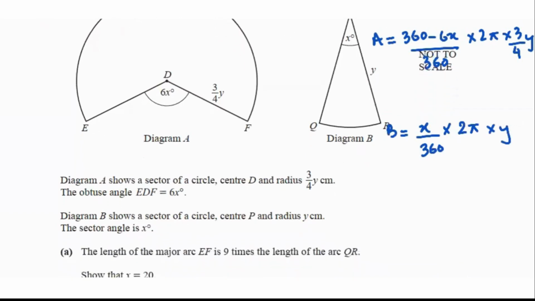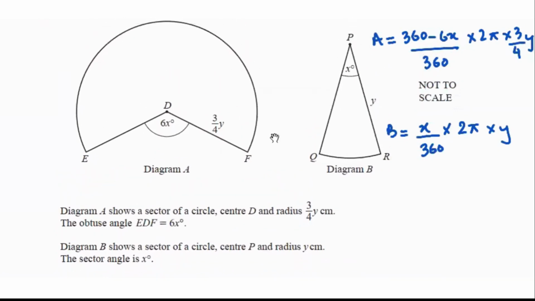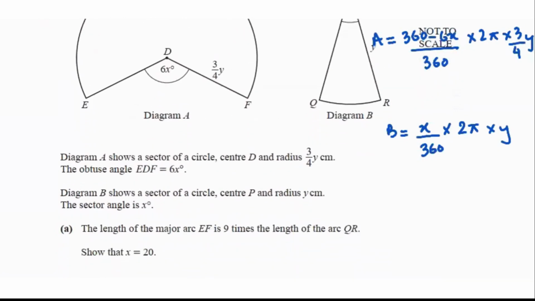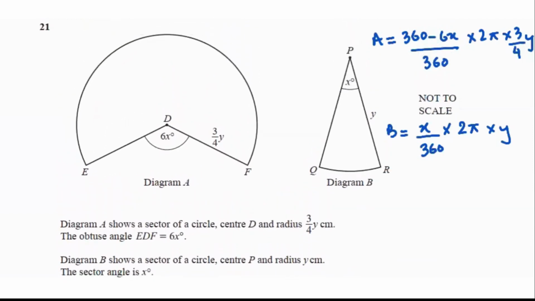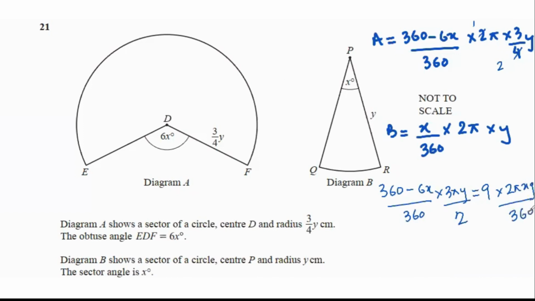Now your major arc of EF, which is for A, is 9 times the length of arc of QR, which is B. So that means 360 minus 6x over 360 times, I'm going to cancel the 2 over here, and that's going to be 2. 3 pi y over 2 is 9 times 2 pi x y over 360.